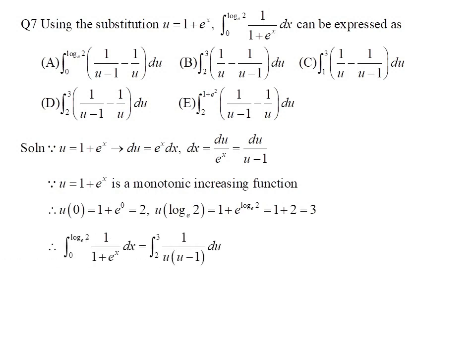Hence, the integral from 0 to logarithm base e of 2 of the reciprocal of 1 plus e to the x with respect to x is written as the integral from 2 to 3 of the reciprocal of the product of u and u minus 1 with respect to u, which equals the integral from 2 to 3 of 1 over u minus 1 minus 1 over u, in parentheses, with respect to u. Therefore, the answer for question 7 is D.